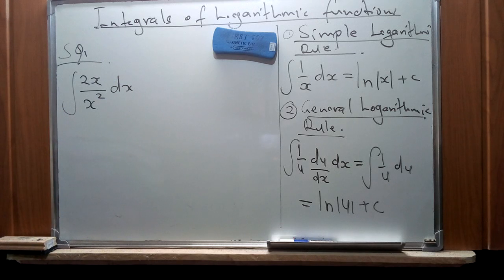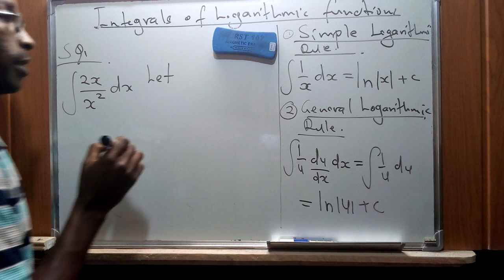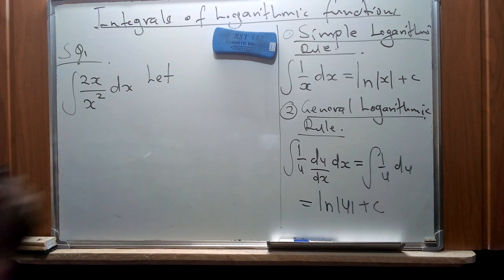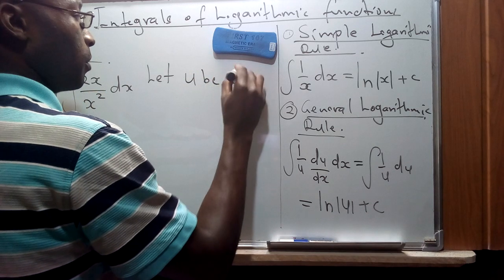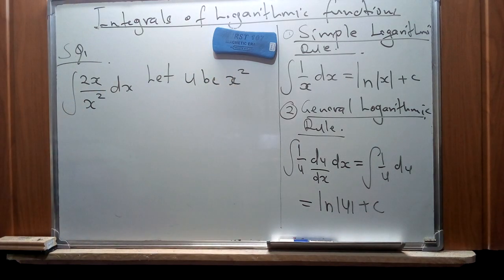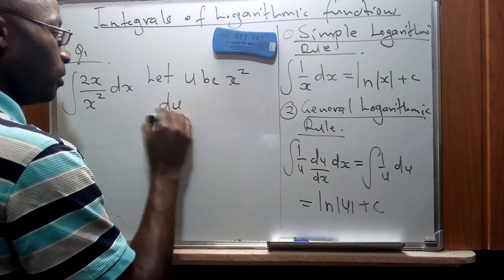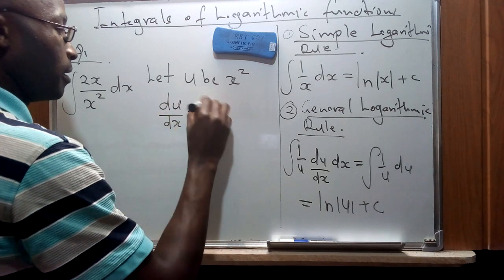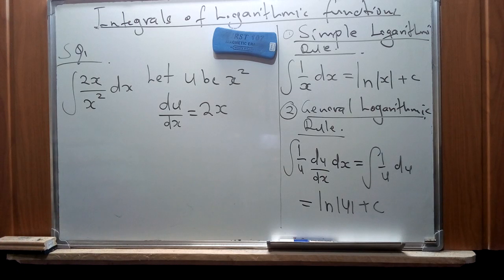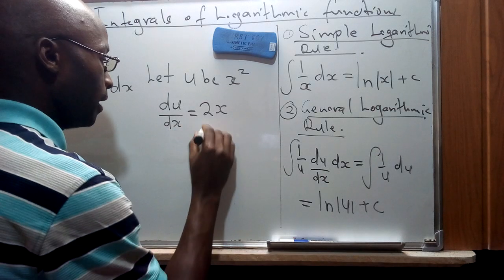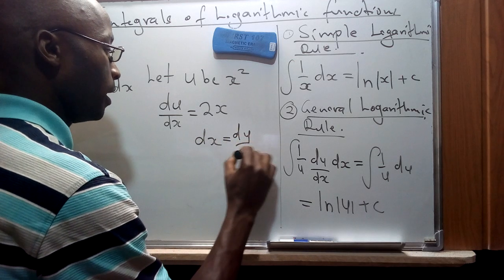In this case, we're going to use the first strategy that we applied for integrals of exponential functions and say let u be x squared. Then du over dx is 2x, so dx is given as du over 2x.